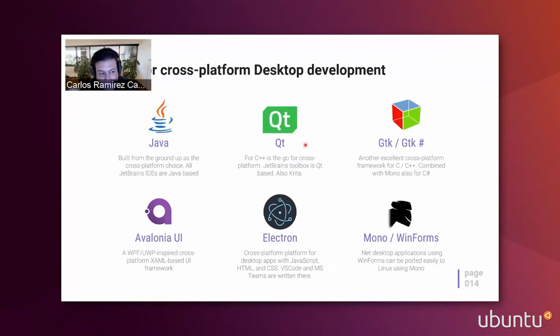If you are a C++ developer and you have lots of code in C++, this is the way to go. Even the JetBrains Toolbox is made in Qt. We also have GTK and GTK Sharp. If you combine it with Mono, you can develop .NET cross-platform applications using this.